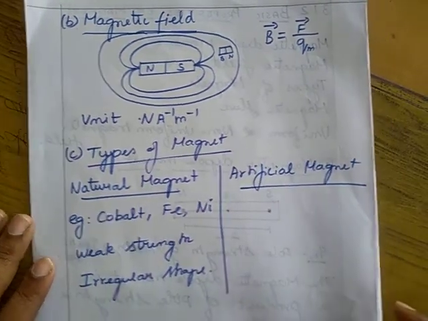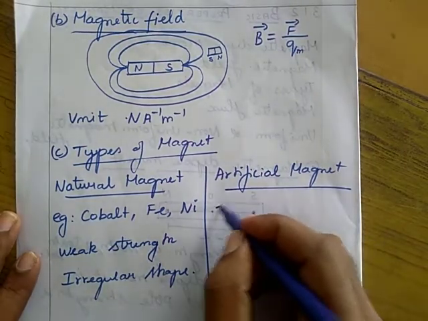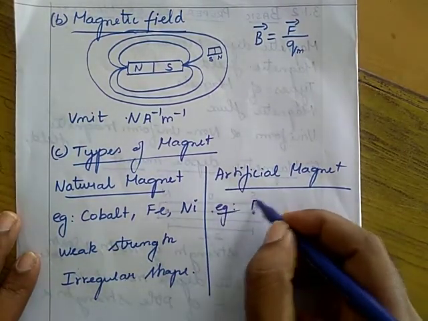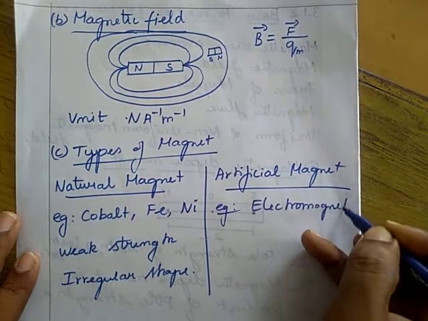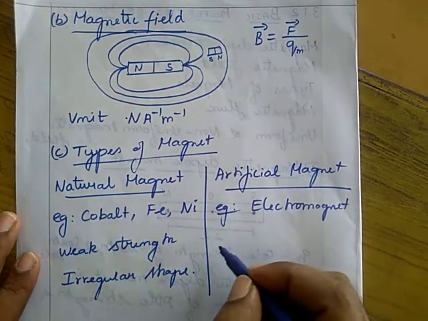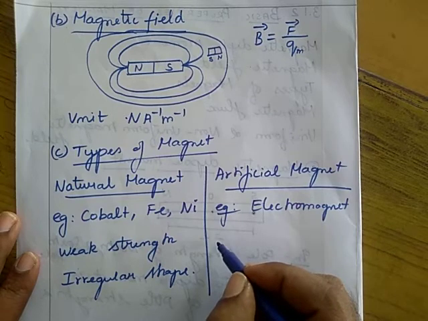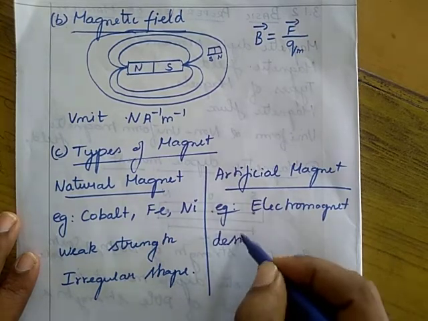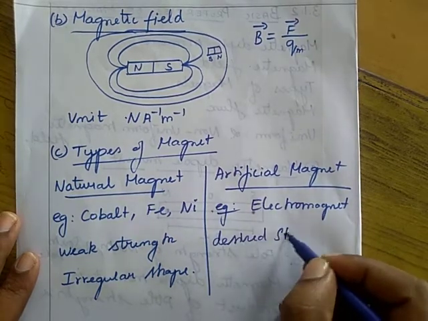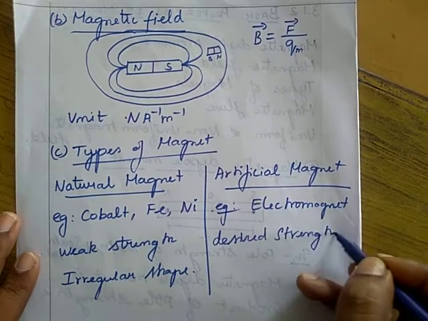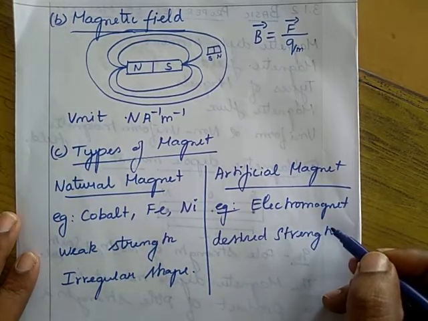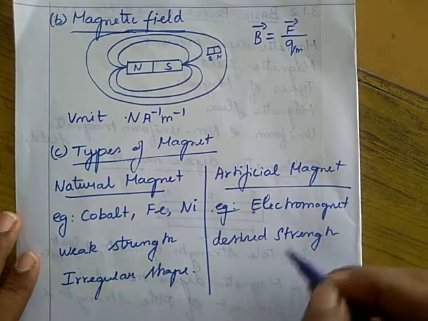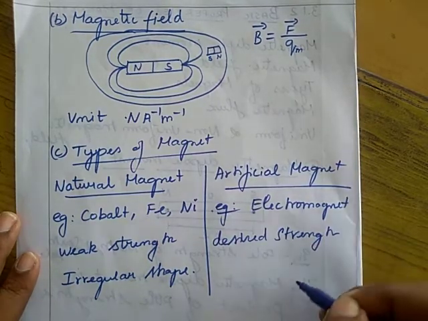Here artificial magnet, for example electromagnet, has our desired strength, whatever you want, because these magnets are made by humans, so based on our convenience we can make this magnet.